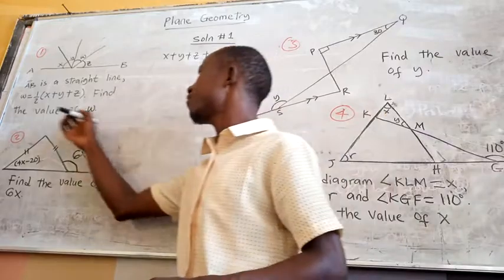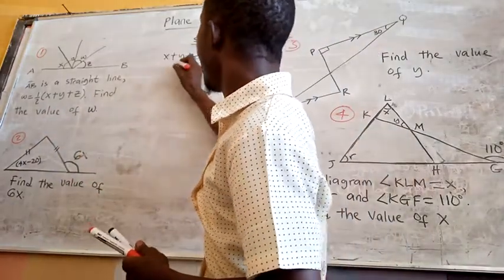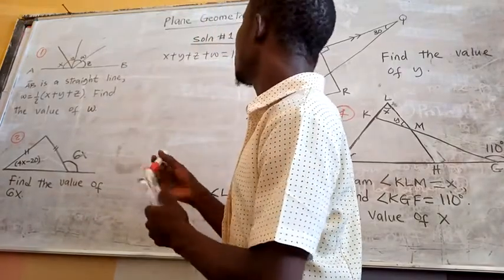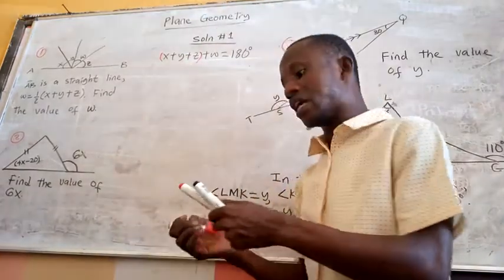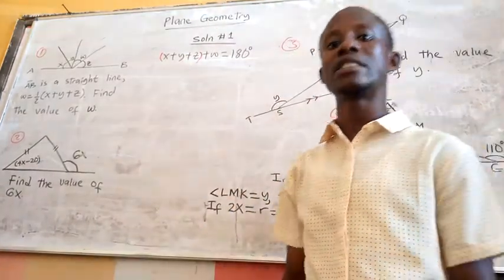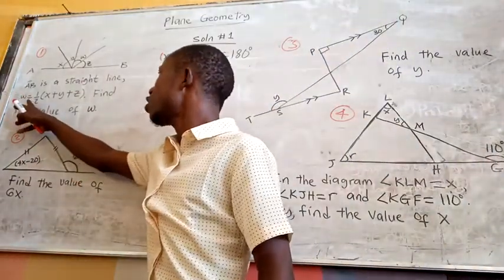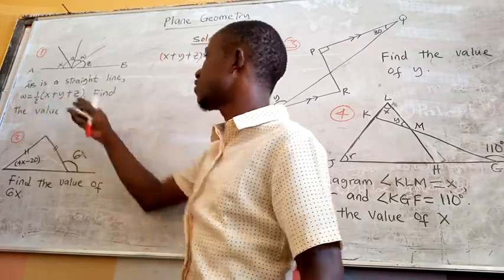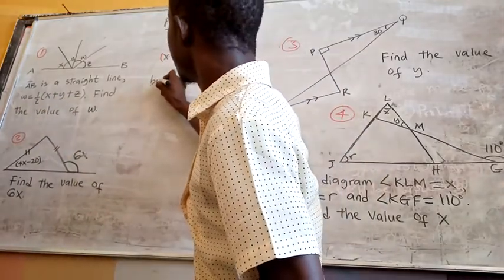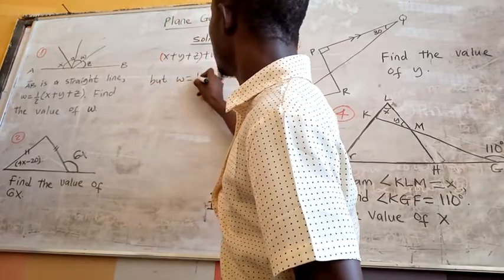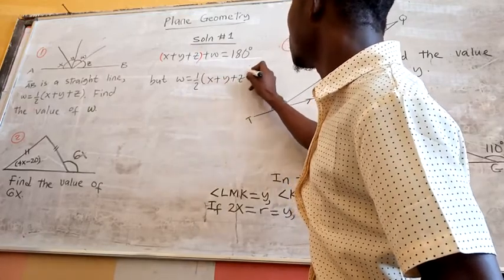We are asked to find the value of w, so we have to replace the value for x plus y plus z. Replacing x plus y plus z makes life easier for us to find the value of w. We are told that w is equal to half of x plus y plus z.